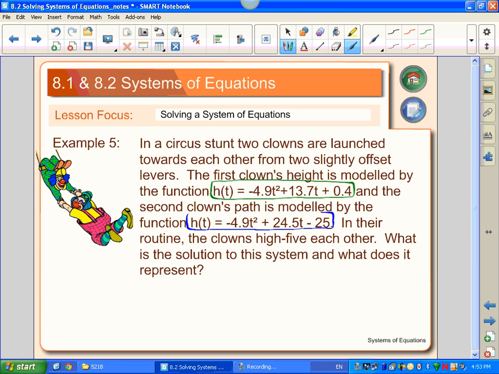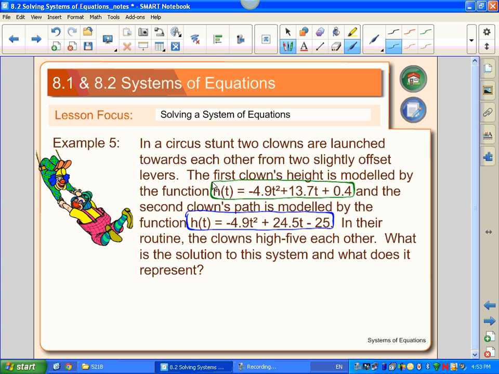Now, h of t is the function of height with respect to time, and that's the height in meters and time in seconds. In the routine, the clowns high-five each other. What's the solution to the system? What does it represent?